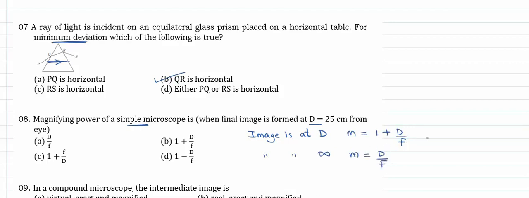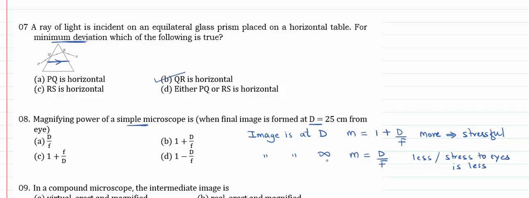D by F. So ಇಲ್ಲಿ magnification will be less, but stress will not be there. So magnification ಕಮ್ಮಿ ಇರ್ತದ, stress to eyes is less. ಇಲ್ಲಿ magnification more ಇರ್ತದ, but it will be stressful. ಇದು ಗೊತ್ತಿರಲಿ.